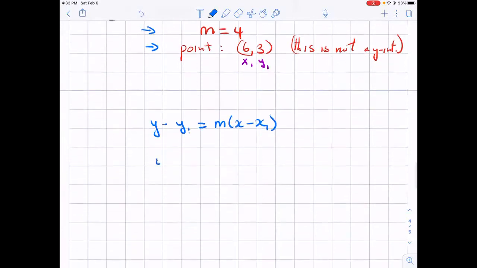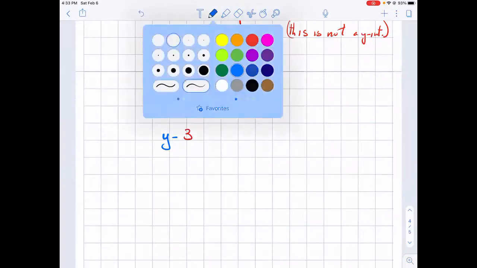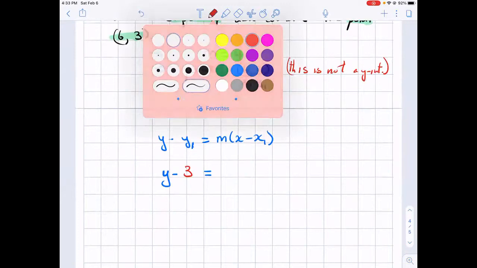So y minus, instead of y1, we will write 3, is equal to, instead of m, I'm going to write 4.